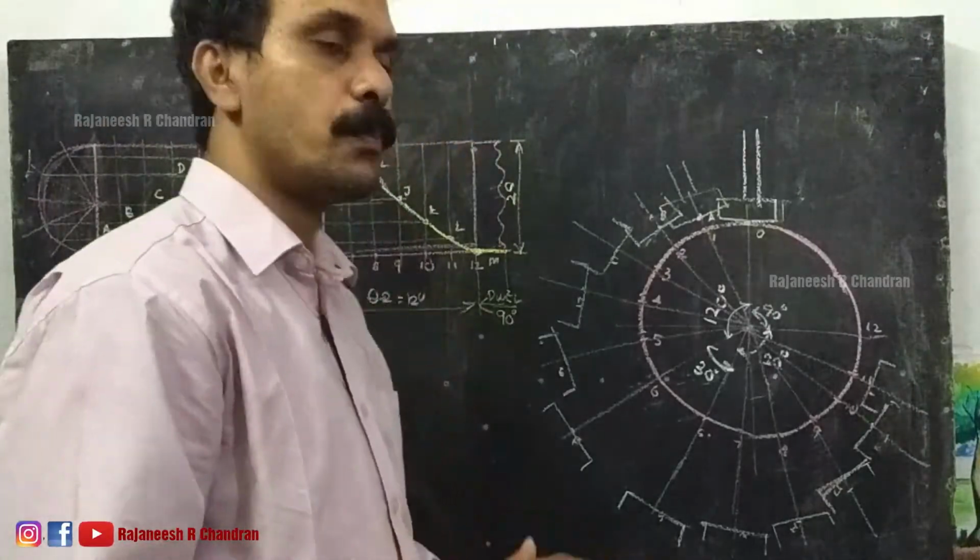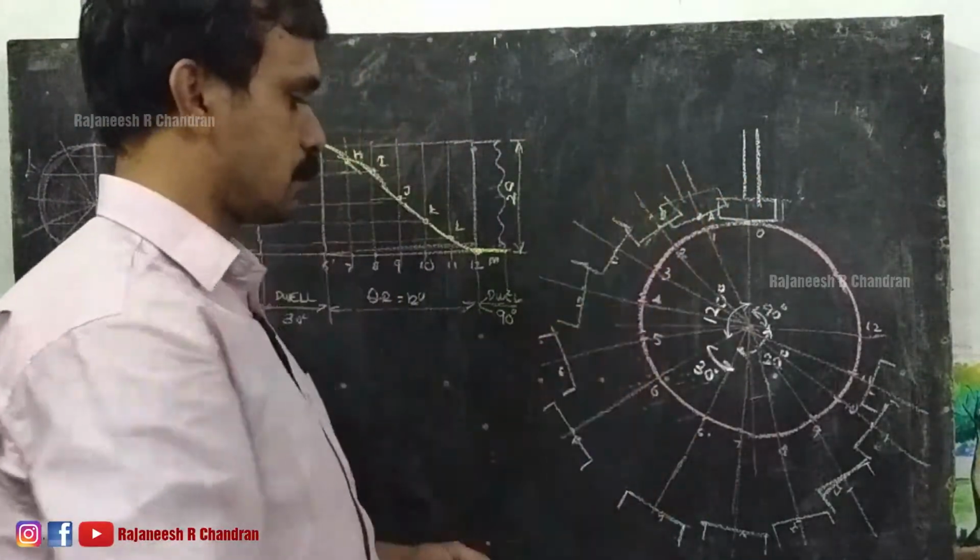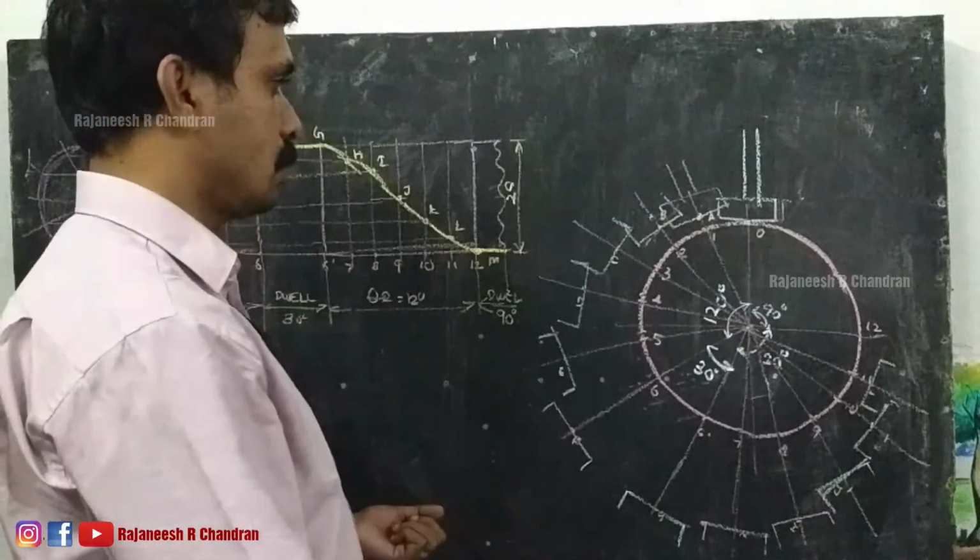So through every point we have marked the corresponding flat faced follower.